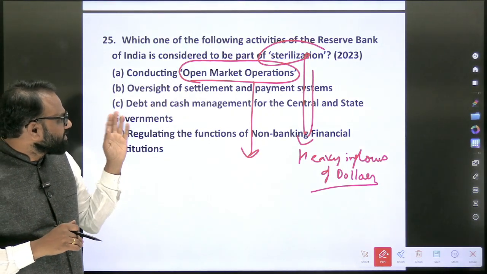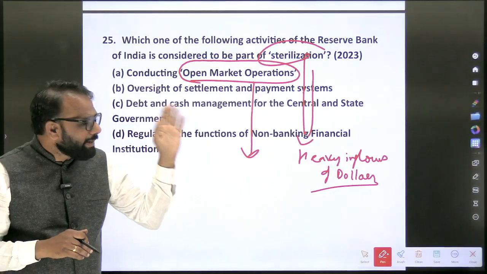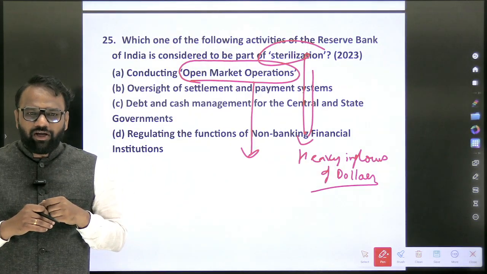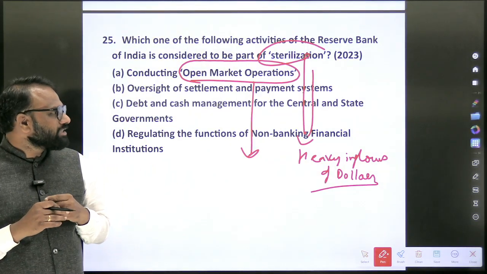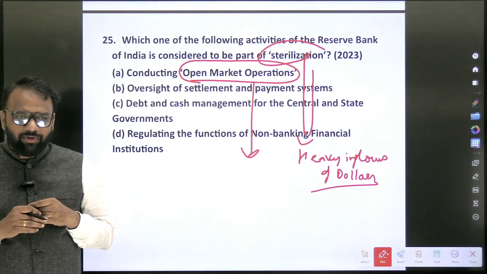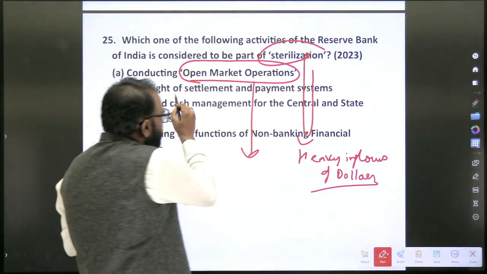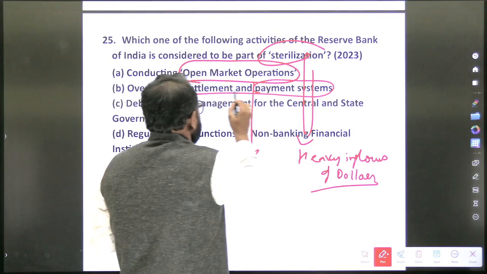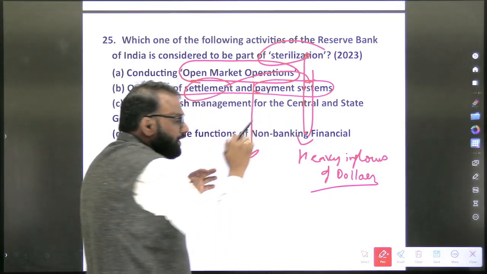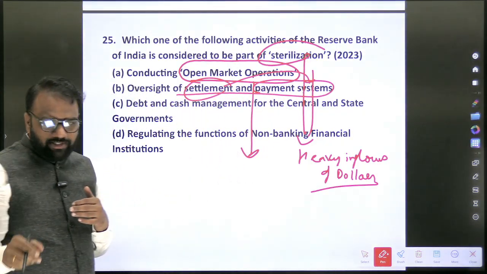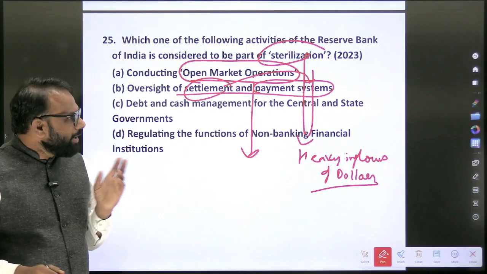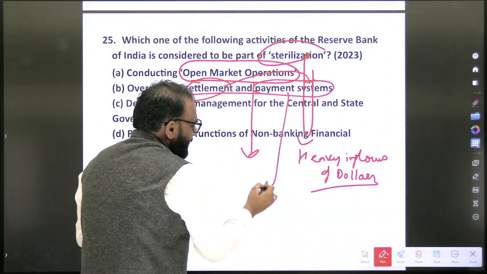Now if you look at the second option, oversight of settlement and payment systems. Who is involved in the oversight of the settlement and payment systems? RBI. Already we have seen settlement and payment systems. Which are the different settlement systems? Not that important, but in the notes I have made a list. For us, more important is the payment system.